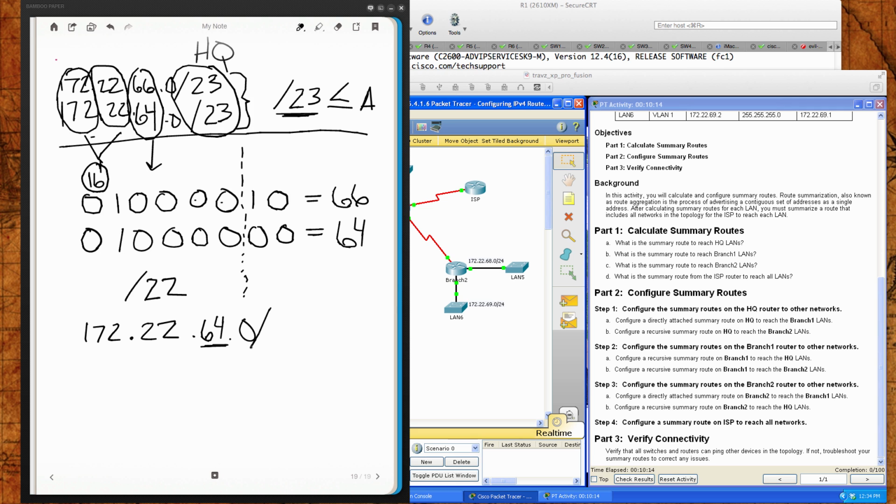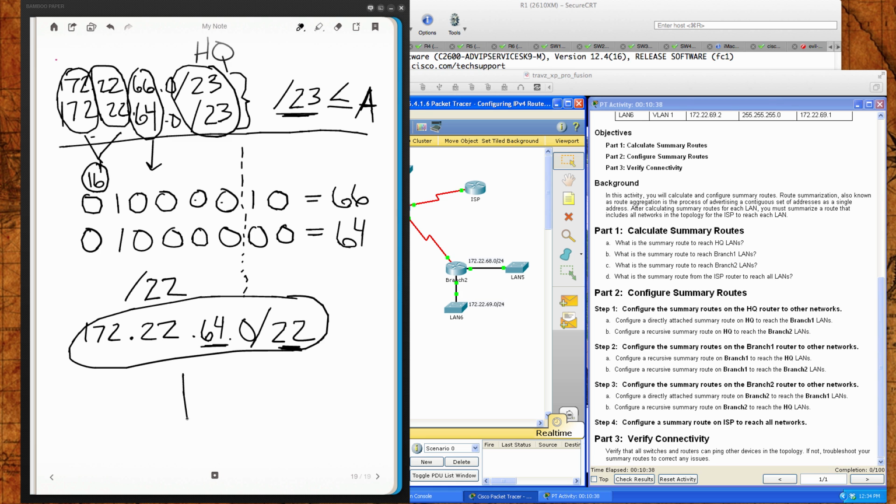So we're saying that it's going to be 172.22.64.0/22. Remember, our answer has to be less than or equal to a /23, so this is certainly a viable answer. And we're going to go ahead and leave this here.